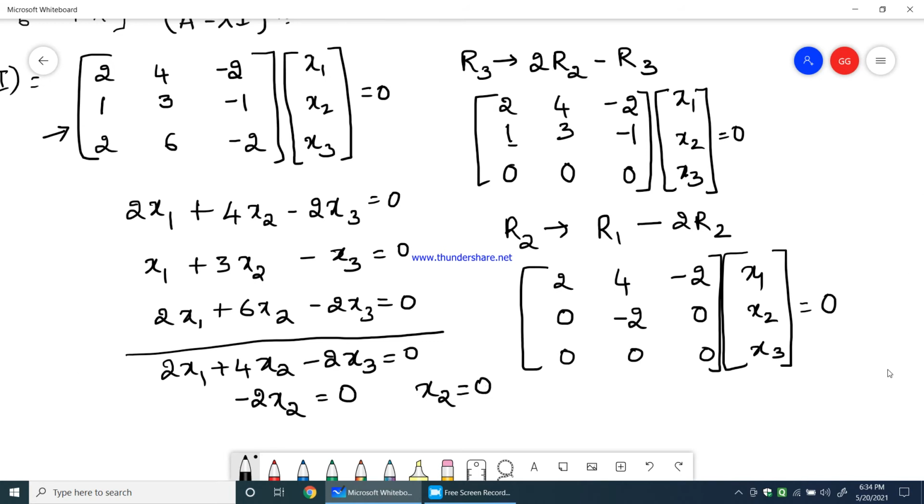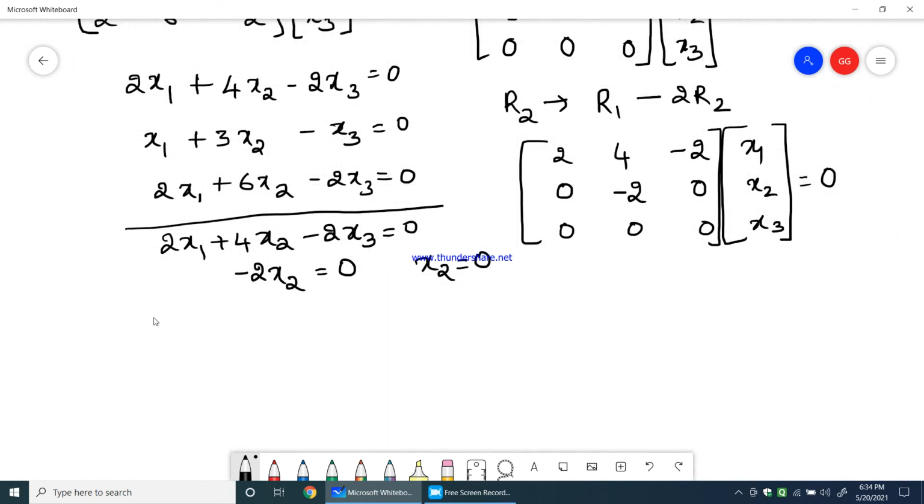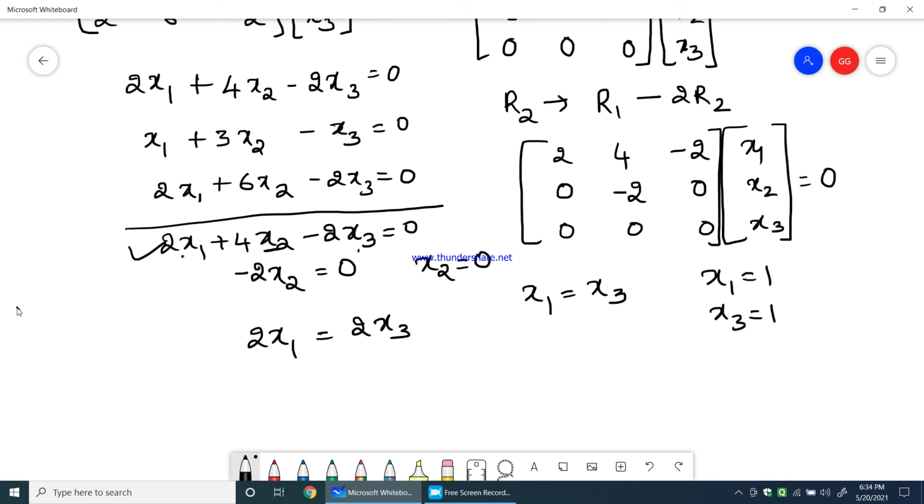Now in the first equation, if I substitute x2 equal to 0, I get 2x1 equals 2x3. Therefore x1 equals x3. If I substitute x1 equal to 1, x3 is also equal to 1. Therefore the vector x1 is equal to 1, 0, 1. This is the first vector we have got.